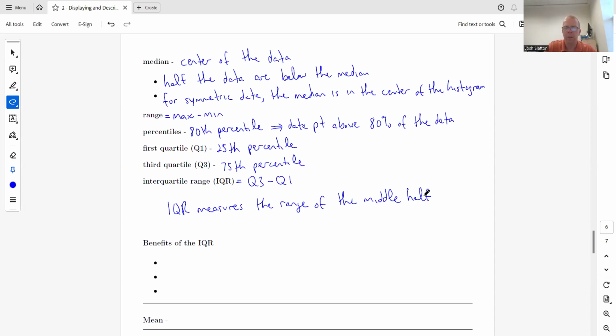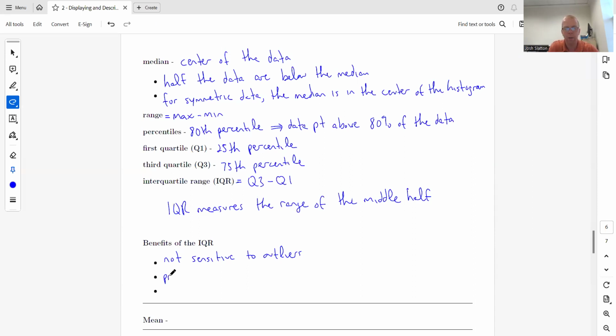So some of the benefits to the IQR is it is not sensitive to outliers. Outliers are on the outer edges. If we're only looking at the middle half, then that's not going to be sensitive to the outliers. We'll learn later how outliers can be a little bit troublesome, and usually we need to pay attention to what the outliers are. But if we're looking at the IQR, the outliers don't really matter.